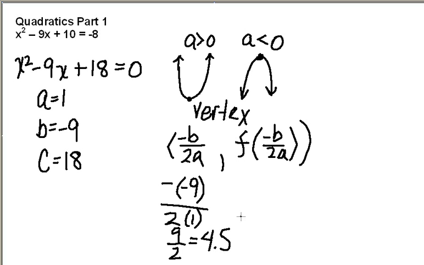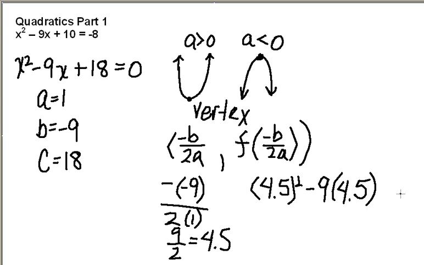To determine the y, I'm going to take my x value, which in this case is 4.5, and plug it back into my original function. So now I have 4.5 squared, minus 9 times 4.5, simply plugging in 4.5 wherever I have an x, plus 18.